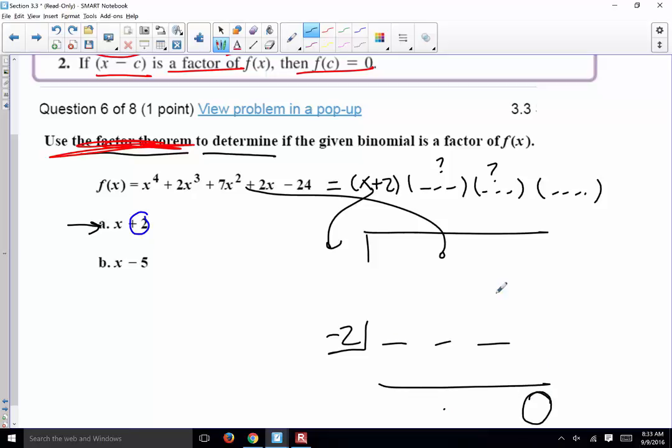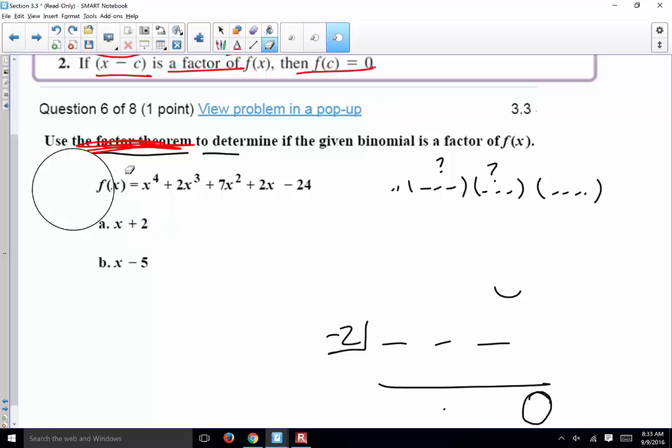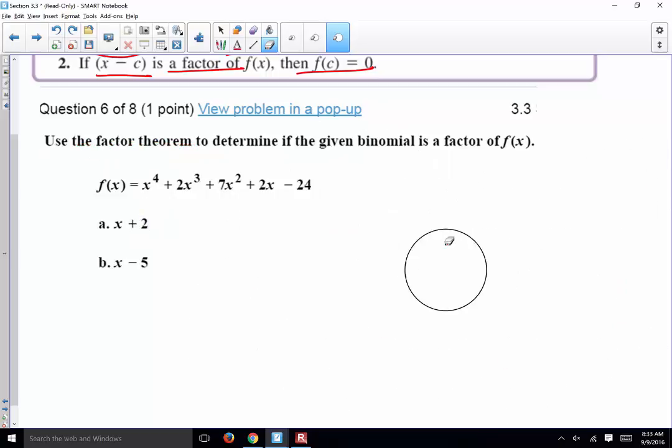You need to get 0 remainder. 0 remainder means it divides. 3 does not divide 10 because there is a remainder, right? The remainder is 1. So if you see 0 remainder, yes, it's a factor, it's a divisor. But again, the purpose of this question is to use the factor theorem, and for this all you need to do is test if this thing is 0.